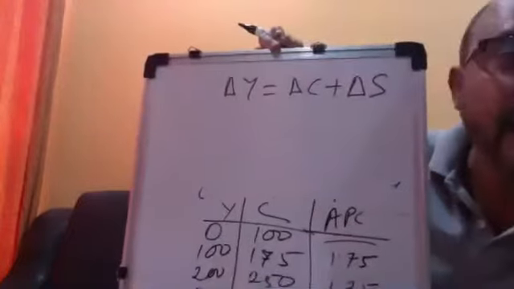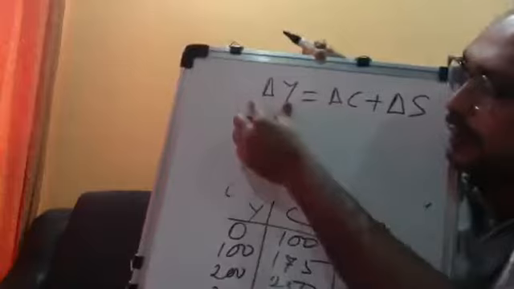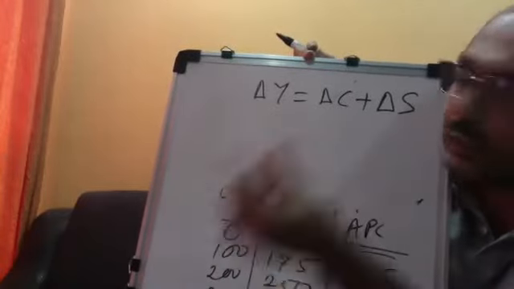Yeah, this is the expression. Delta Y equals delta C plus delta S, because some portion of increased income is spent, some portion of increased income is saved. Now why? Because to secure our future.